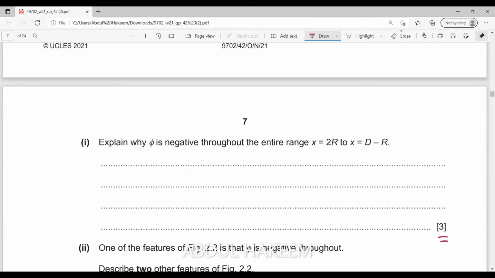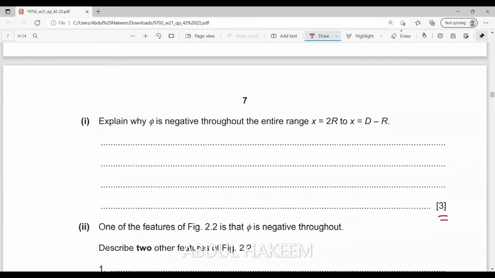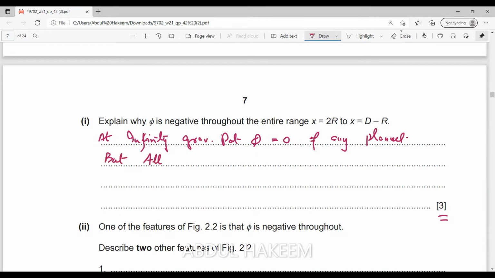First of all, we have to write that at infinity, gravitational potential phi is 0 for any planet. But all forces, meaning all gravitational forces, are attractive in the universe.